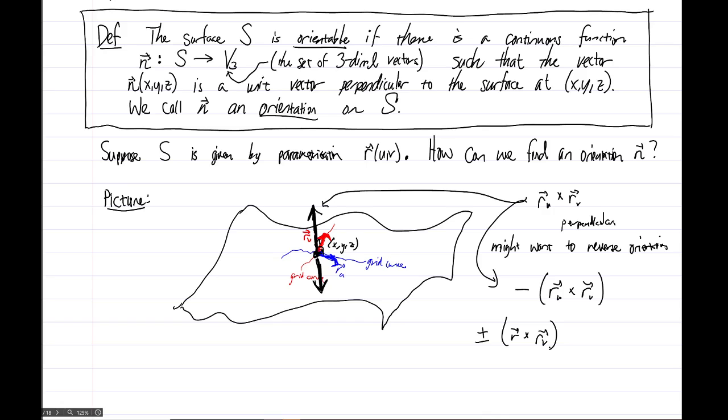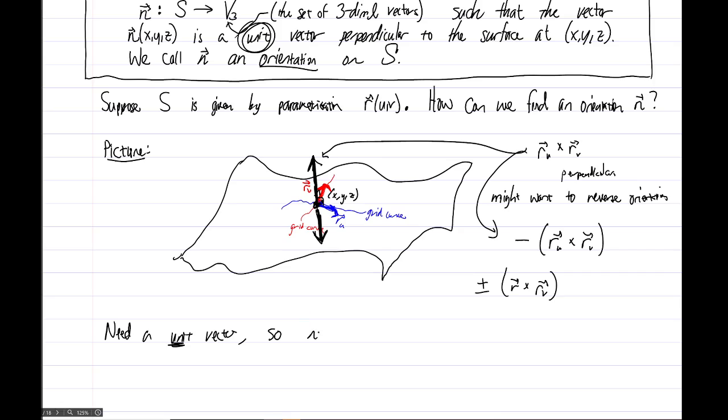Now, we also note that in the definition we need n to be a unit vector. To get that unit vector, we'll say that n arrow should be plus or minus, again because we don't know which yet, r sub u cross r sub v, and in the denominator the magnitude of r sub u cross r sub v, just to get a unit vector.